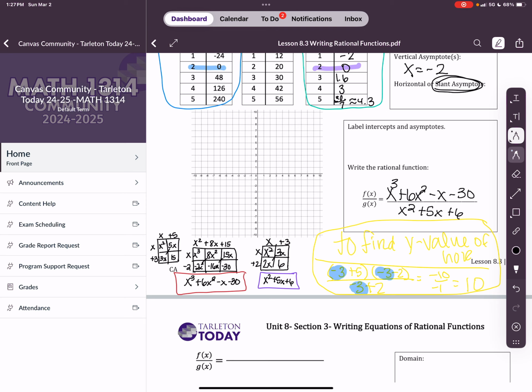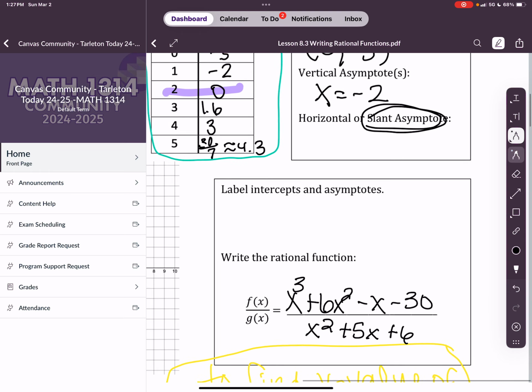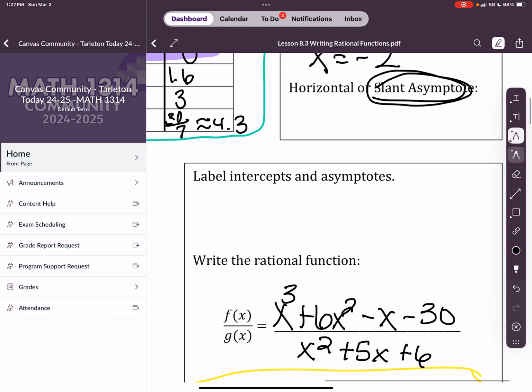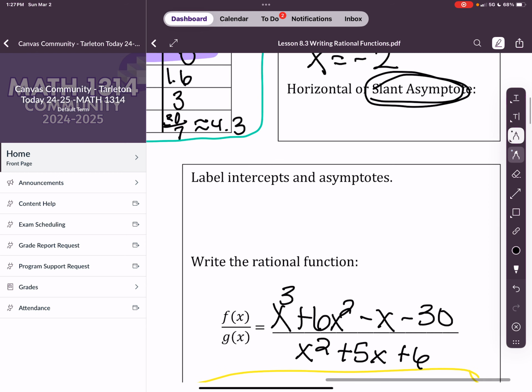Okay, so now going back to my slant asymptote and how to find that equation, I'm going to use the function that I just wrote, the x cubed plus 6x squared, and so forth, over x squared plus 5x, and so forth. I'm going to divide that, and I'm going to divide it with long division. Even though that was more difficult for us last time, when we were going over polynomial long division, it's actually not going to be that bad.